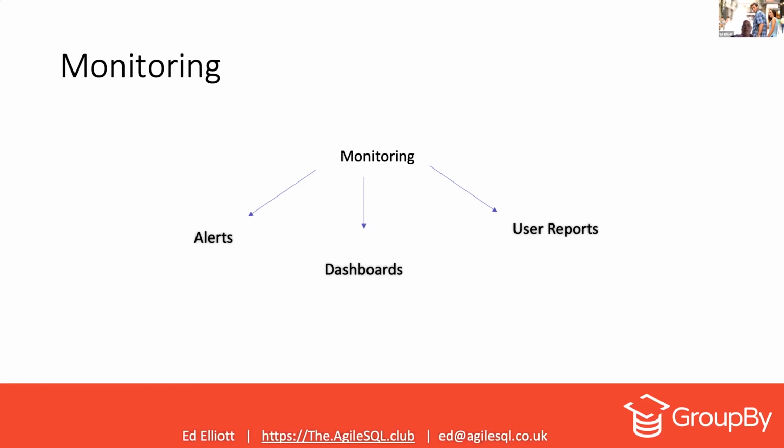Have dashboards that you can look at as a team every morning to say, these are the pipelines, these are the ones which have been processed, these are errors, successes, this is how much data we process in each pipeline, and how long they've taken. You can start to be proactive and say, actually, we're starting to get a lot more data, the timings are starting to go up, maybe we need to do something about it. Or if you have a chart that shows your data volumes and suddenly it's dropped off a cliff, then you know there's probably something wrong.